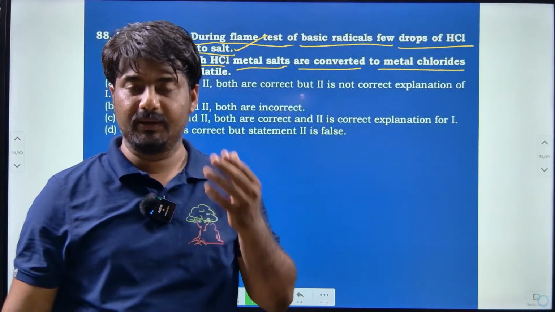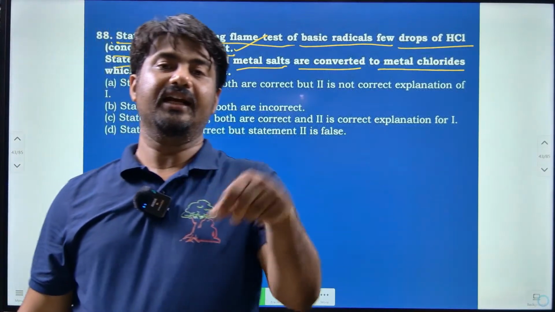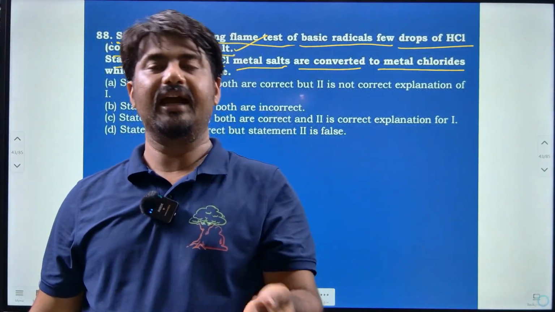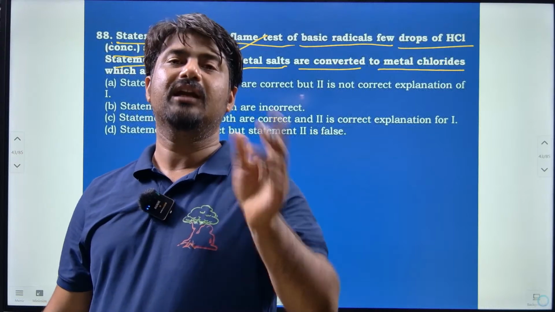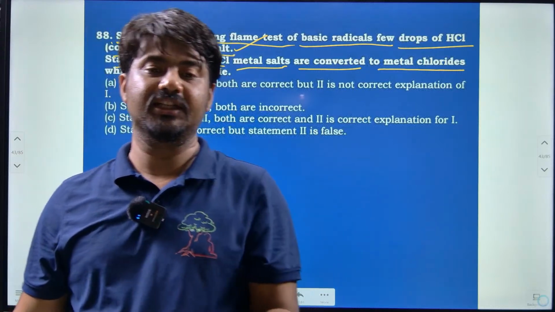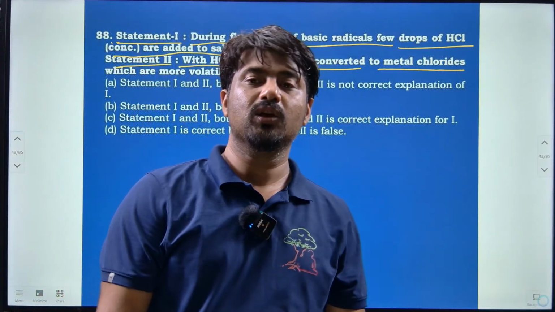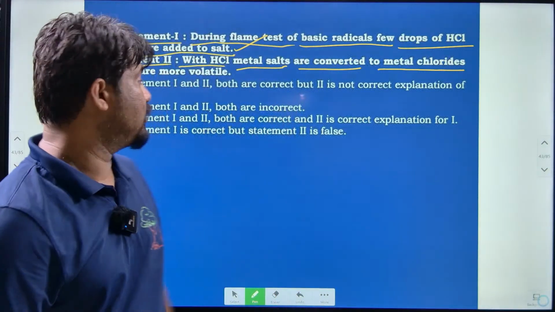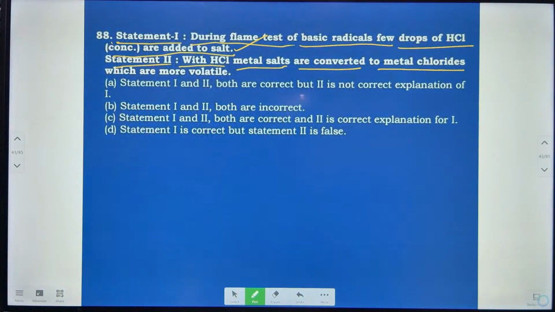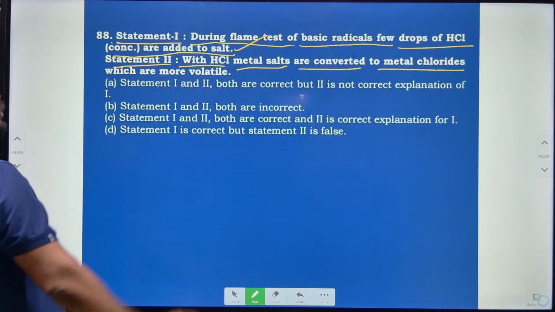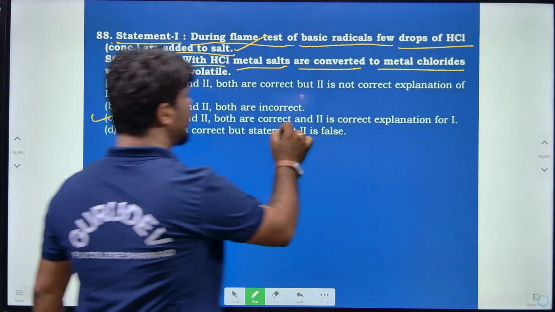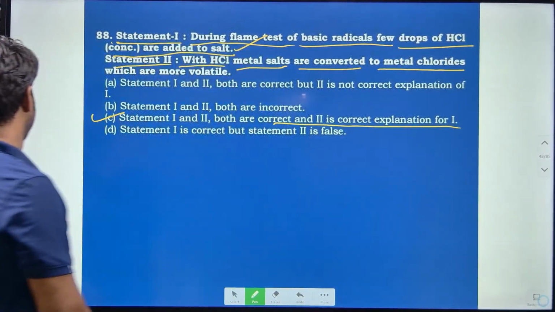Yes, that's the right statement. When HCl is added, the metal reacts with HCl to form metal chloride. That metal chloride shows volatile nature, and that's the reason it gives a good flame during the flame test. So in question number 88, both statement 1 and 2 are correct, and statement 2 is the correct explanation of statement 1.